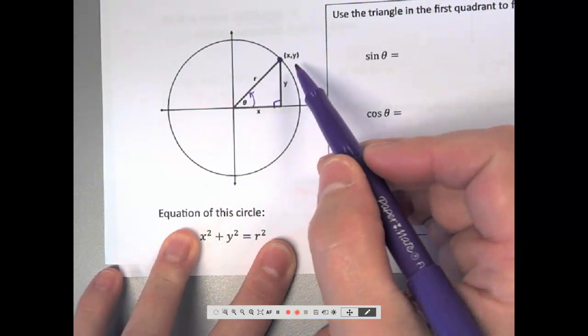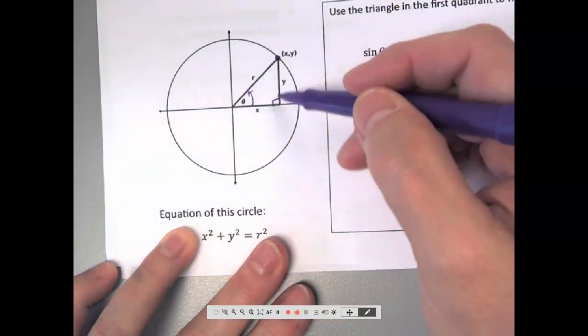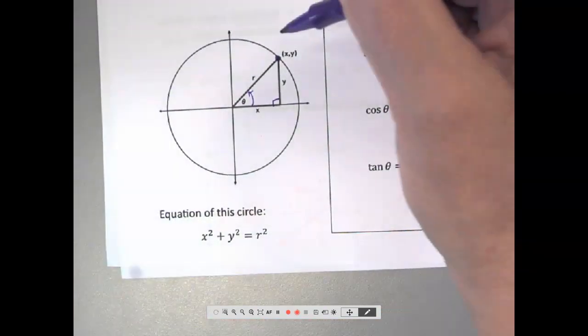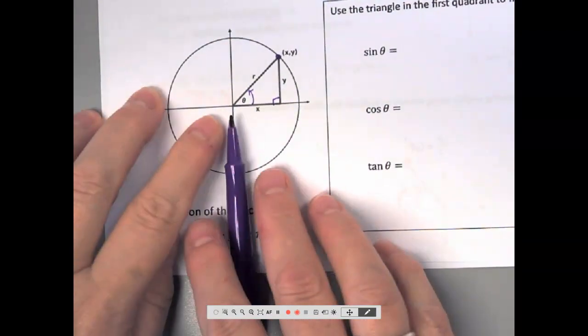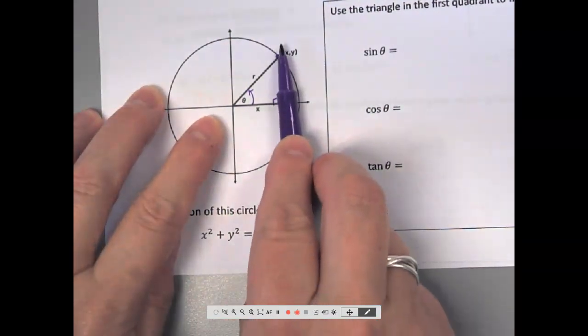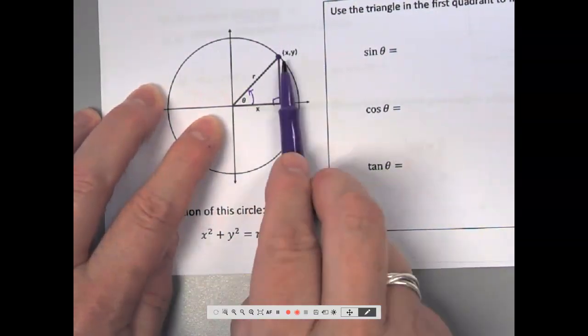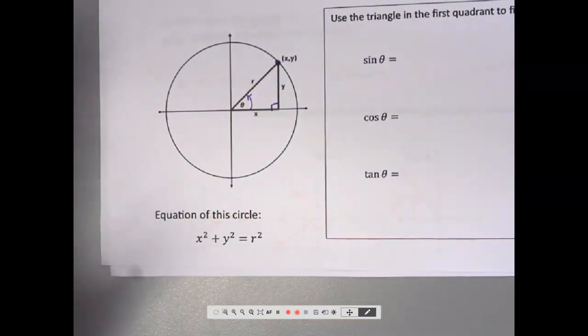If this ordered pair is xy, why is this side x and why is this side y? If you plot an xy ordered pair, don't you go right x and up y? So that's why the lengths of the sides are labeled x and y. And this is r because it's a radius of the circle. So that's why the x, y, and r are being used.